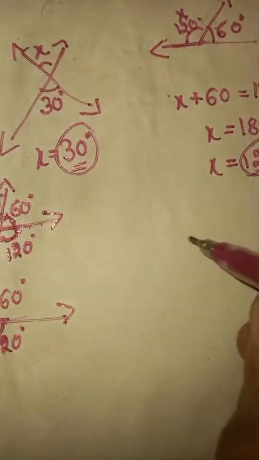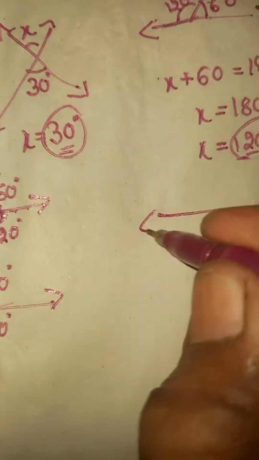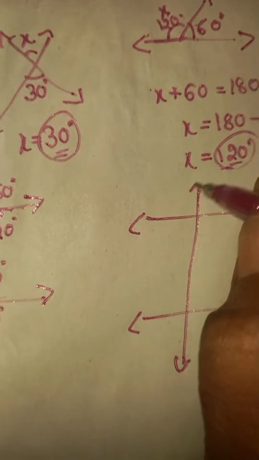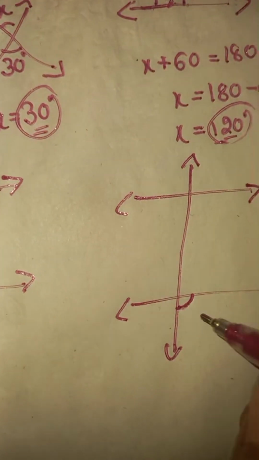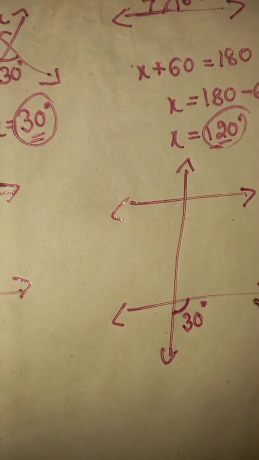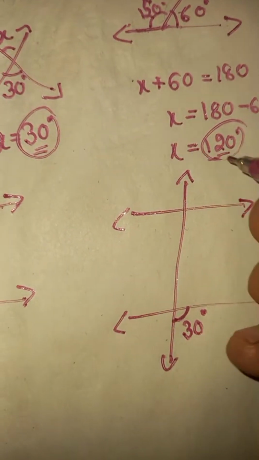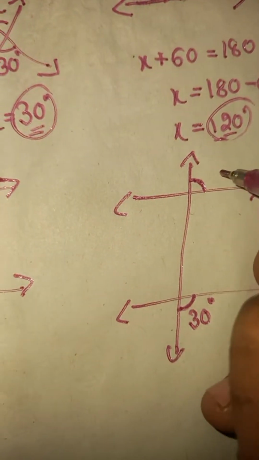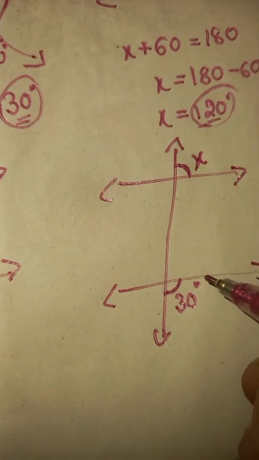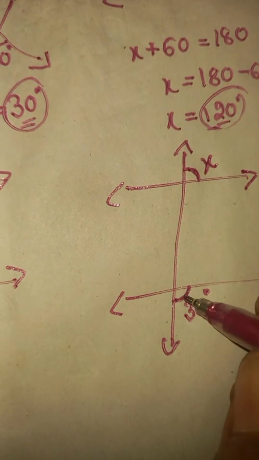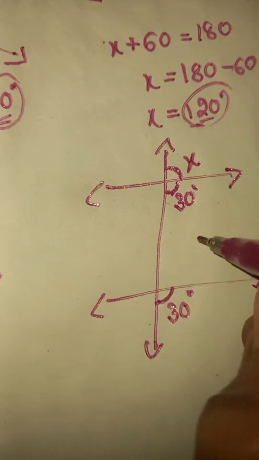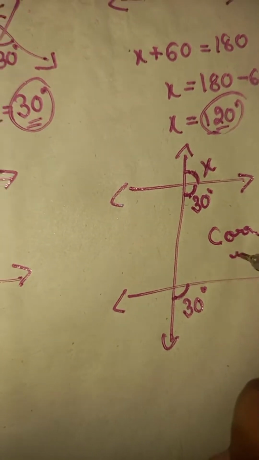Let's do some problems. Here they are giving this angle as 30 degrees. Then you need to find the value of this angle x. This angle is 30 degrees, so this angle also becomes 30 degrees, because they are corresponding angles.